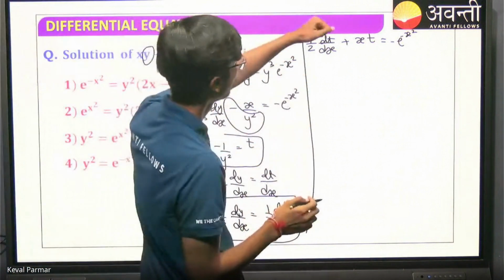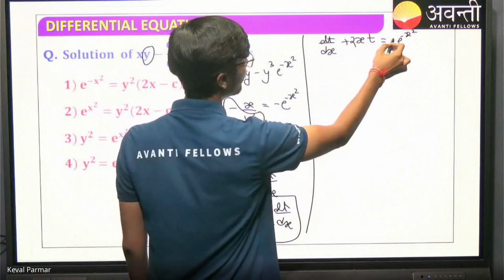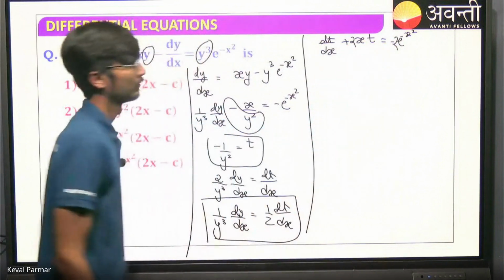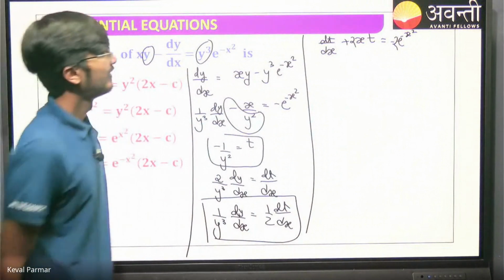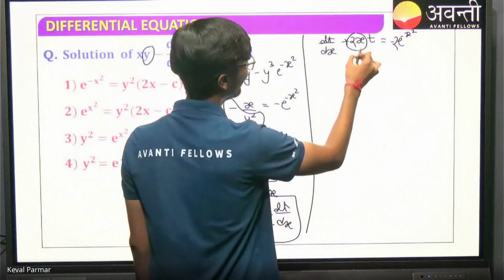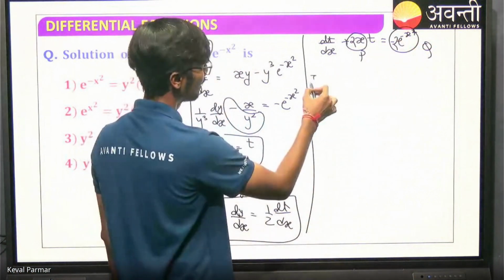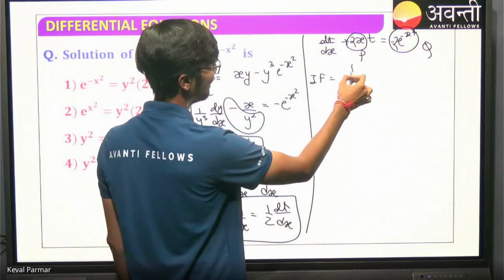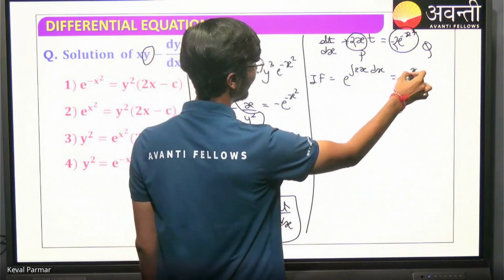So I'll do it here only. dt by dx, 2 and 2. Correct? Now it is a linear. This is p and this is q. Integrating factor will be e raised to integration of 2x dx. That means e raised to x square.